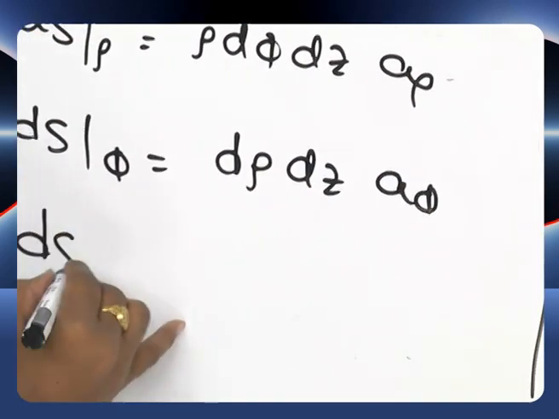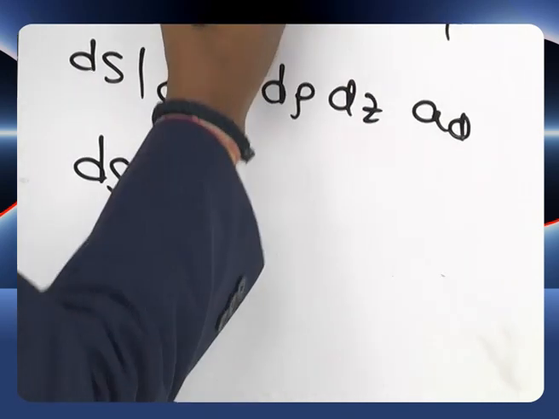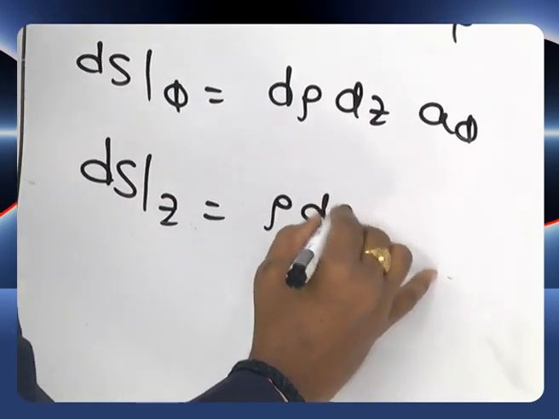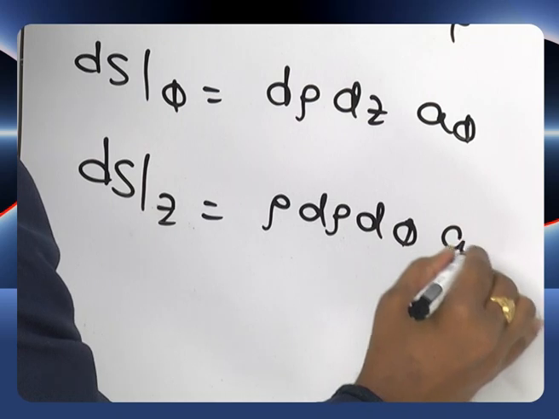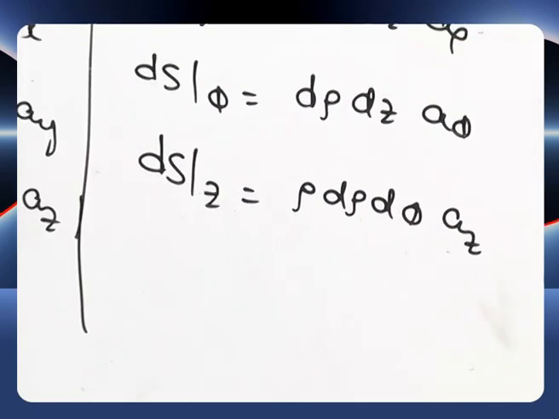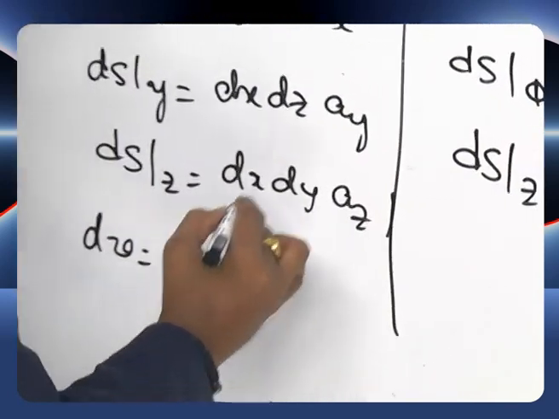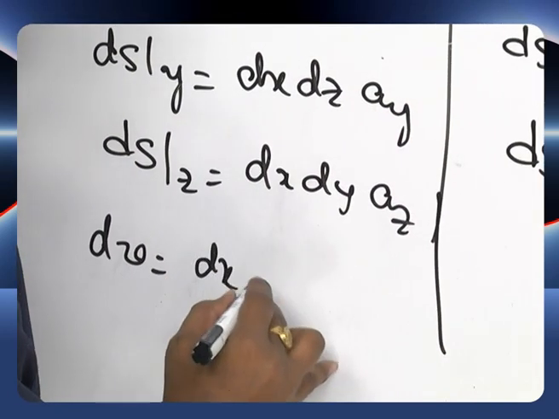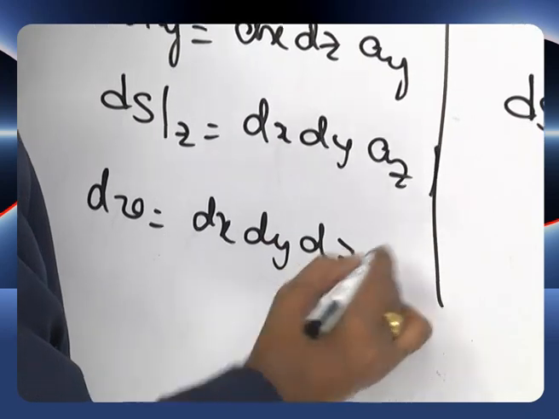The differential surface in the direction of z is rho d rho d phi in the direction of z. I forgot to give you the differential volume here. Just write down the differential volume also. The differential volume is just dx dy dz.